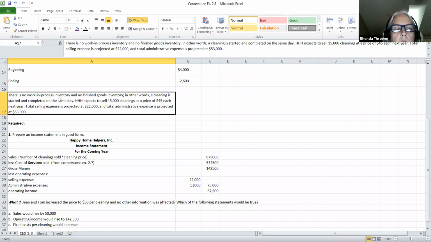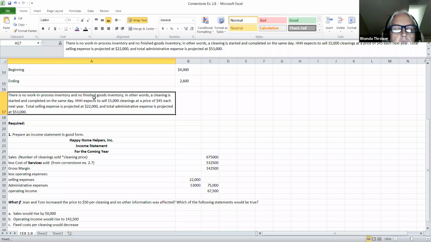For example, if you are a law firm and you are handling a case, it might take you several months to work on that particular case to provide that service for the customer. You might start that service in 1 month and not finish it for several months. And so you could have some work in process for services, but that was not the case in this problem because they specifically told you that.